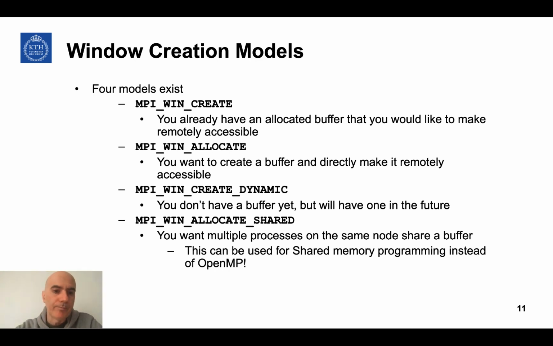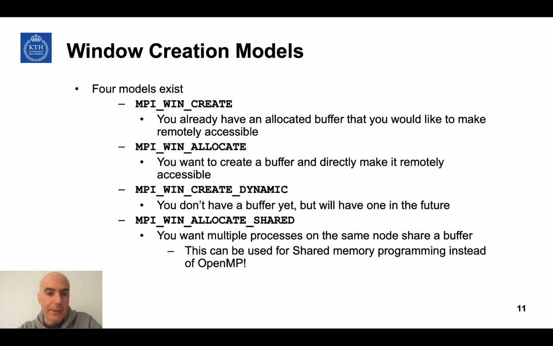The second one, which combines the allocation and MPI_Win_create in just one function, is called MPI_Win_allocate. In this case, we want to create a buffer and make it directly accessible by the remote process.